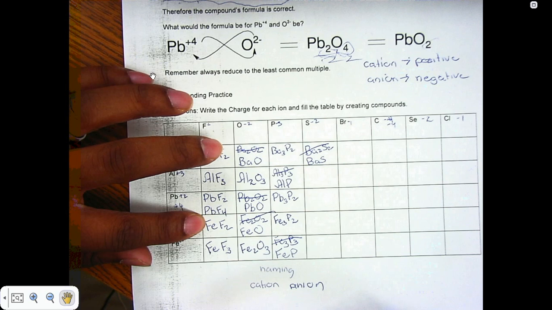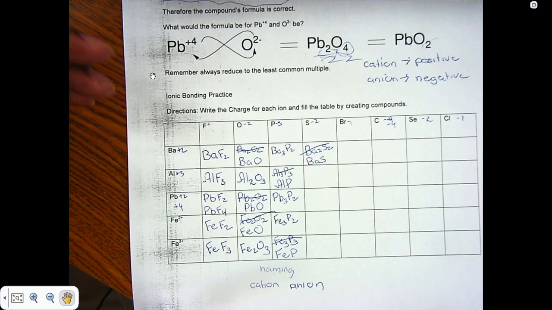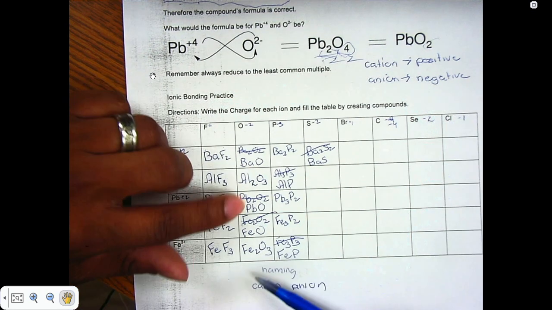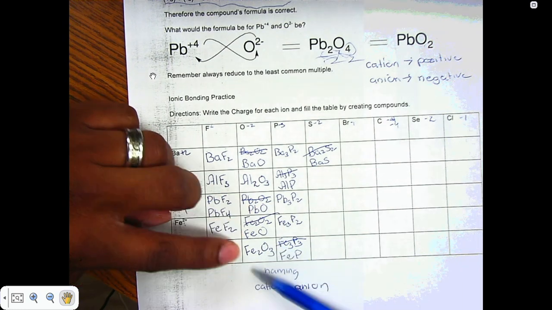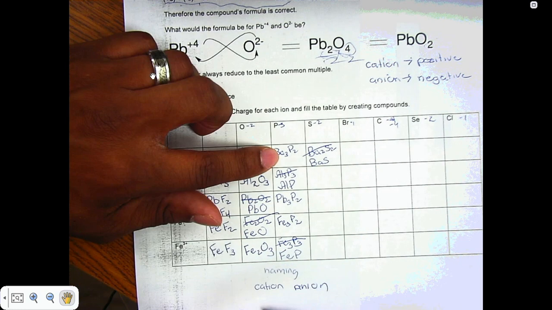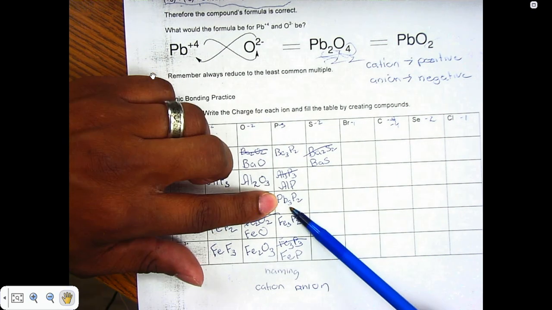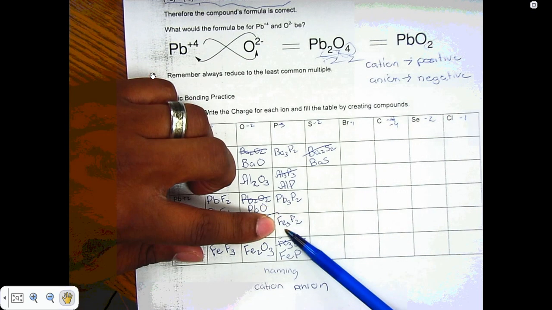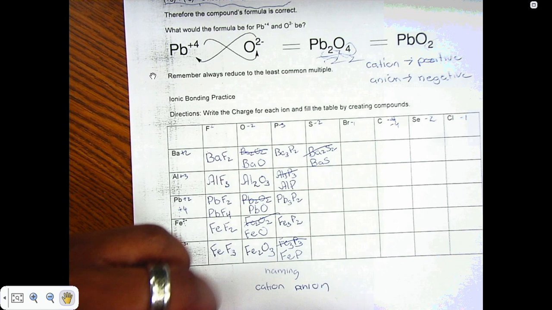You only indicate the Roman numeral or the number when there's more than one ionic species. This is iron 3 fluoride, barium oxide, aluminum oxide, lead 2 oxide, iron 2 oxide, iron 3 oxide, barium phosphide, aluminum phosphide, lead 2 phosphide, iron 2 phosphide, iron 3 phosphide. And then this is barium sulfide.